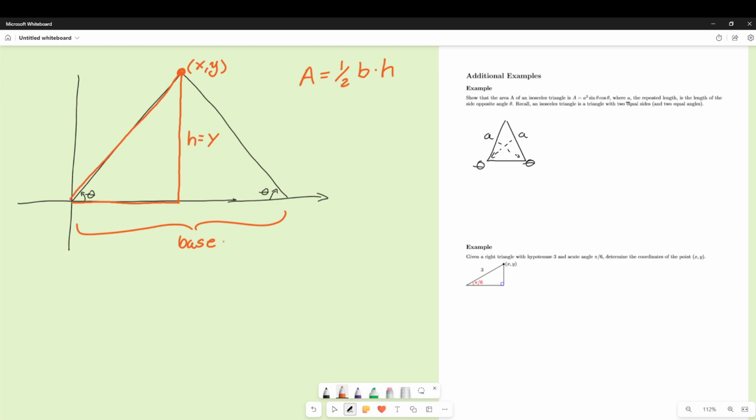And this base is twice the x value. And this radial length out to that point, they said is some length a. That's the length of those sides. So that's like our r in our definition.